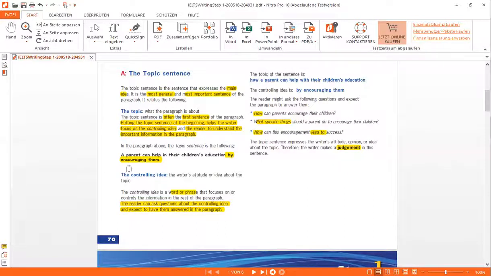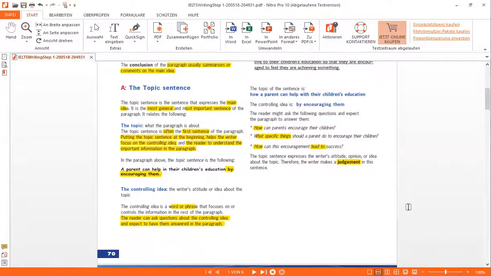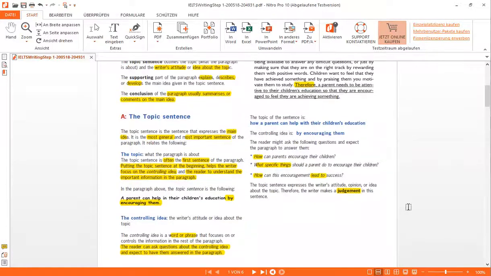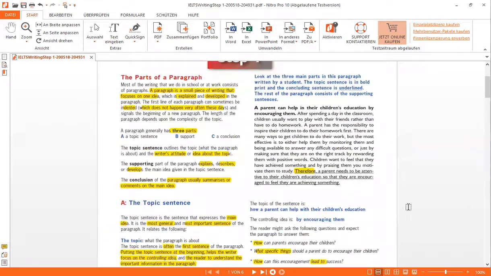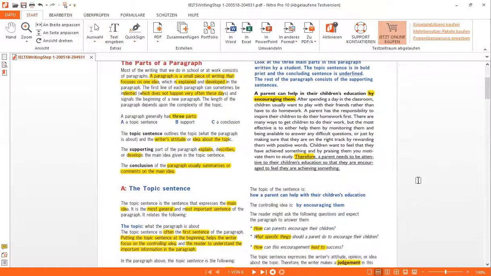In this case, we've got a phrase, by encouraging them, and it helps the reader to ask questions about it, all right, and to have them answered in the paragraph. So the supporting part of your paragraph actually answers the reader's question. So this is the controlling idea here, identified again, and then you've got a full paragraph to support that controlling idea, and then you conclude, all right?